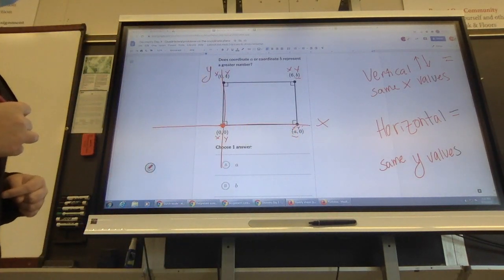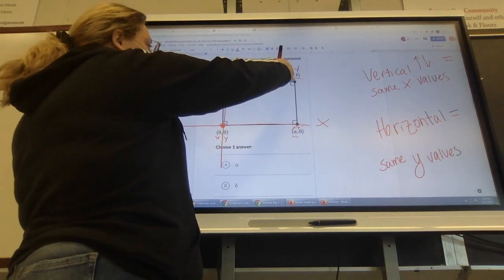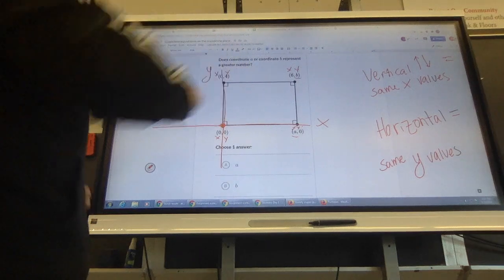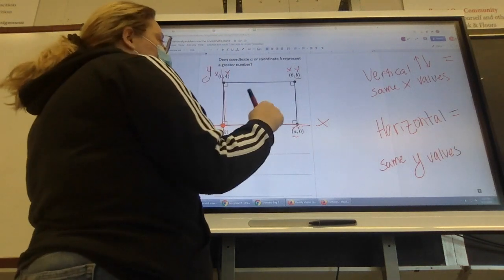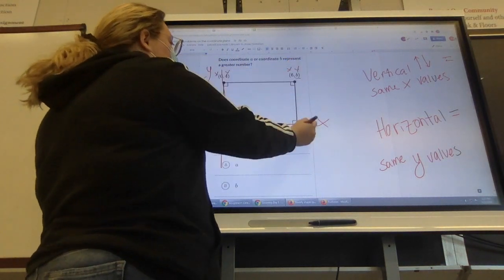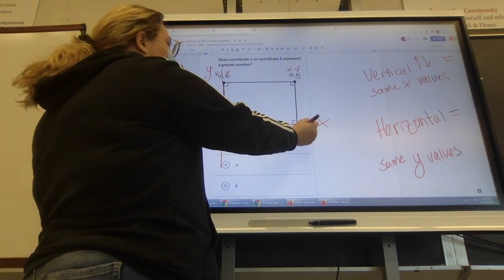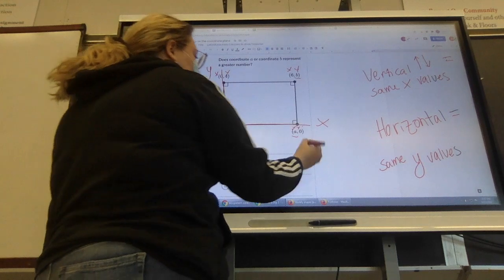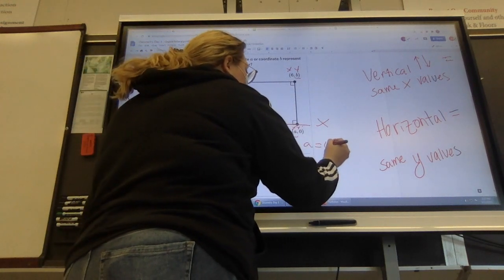So if I'm trying to figure out what A and B are, I can actually follow those rules. So if it's vertical, they're going to have the exact same x value. So I know if I'm looking for A here, because this one is vertical to it, it's going to have the exact same x value. So I know that A equals 6.